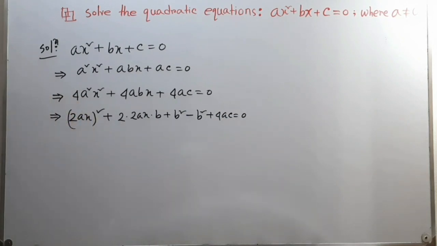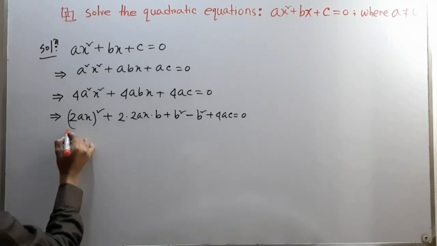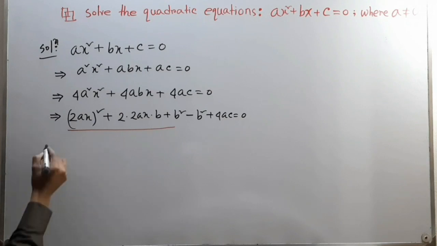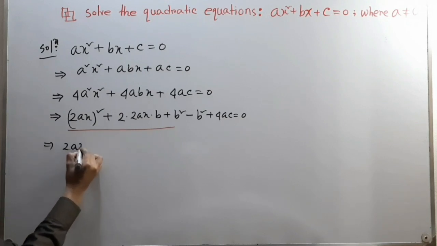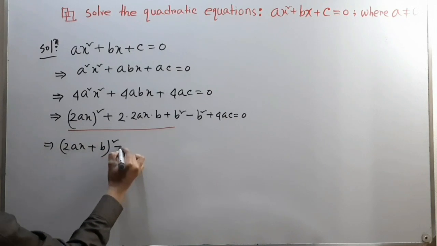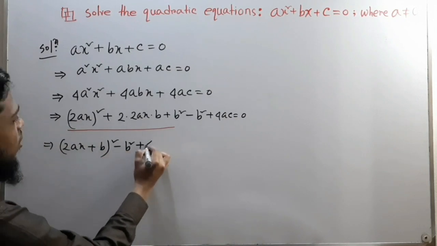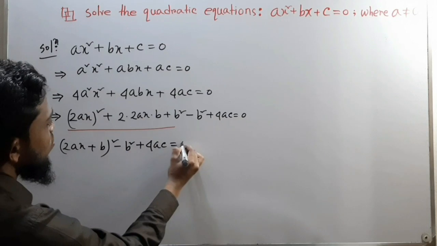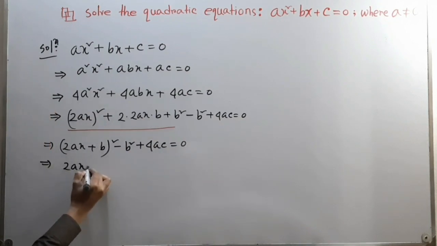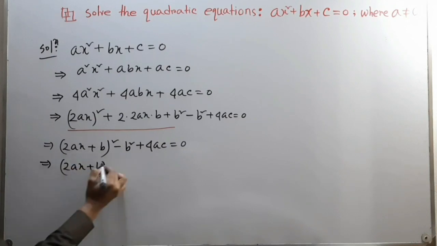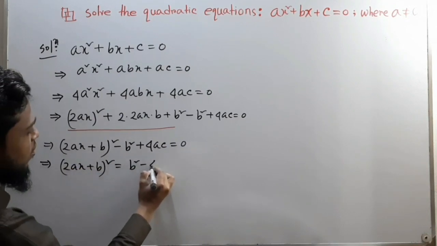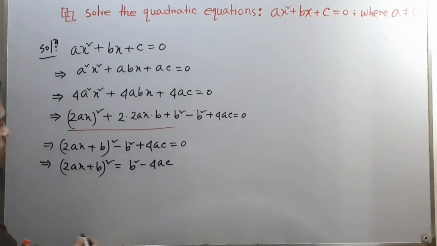Look, here is the formula of a plus b whole square. So we can write 2ax plus b whole square minus b square plus 4ac is equal to 0. So we can write 2ax plus b whole square is equal to b square minus 4ac.